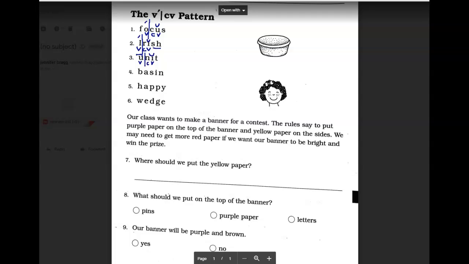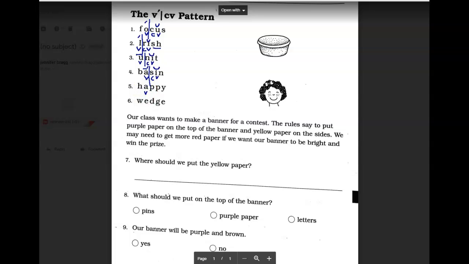Let's look for our vowels, and the consonant in between. I'm going to mark between them. We have a long A, short I, and an accent.